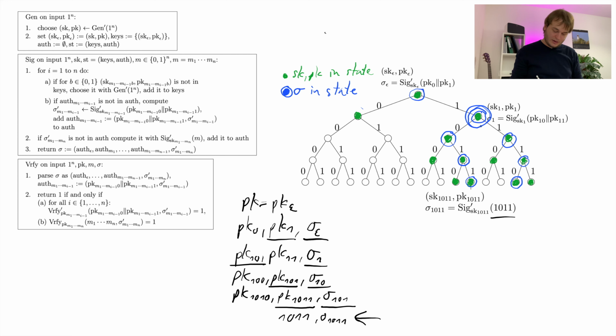So this blue thing here means that we have released Sigma 1 to the public, essentially as part of some signature, and we've also stored it in our state. So the security proof of this is also kind of similar to the one that we had for chain-based signatures, meaning that we start with an adversary against this tree-based scheme, and we construct an adversary against the one-time signature scheme.